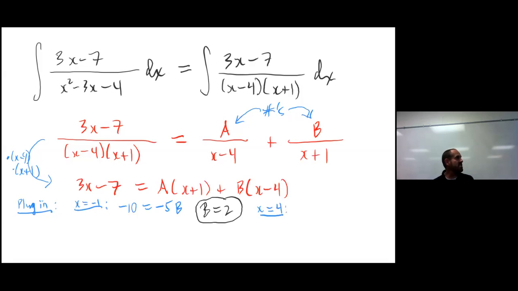If I plug 4 into the left-hand side, I have 3 times 4, which is 12, minus 7, which is 5. You get 5 equals what? 5a? Okay, interesting. Which means that a equals 1. Exactly right. Okay.